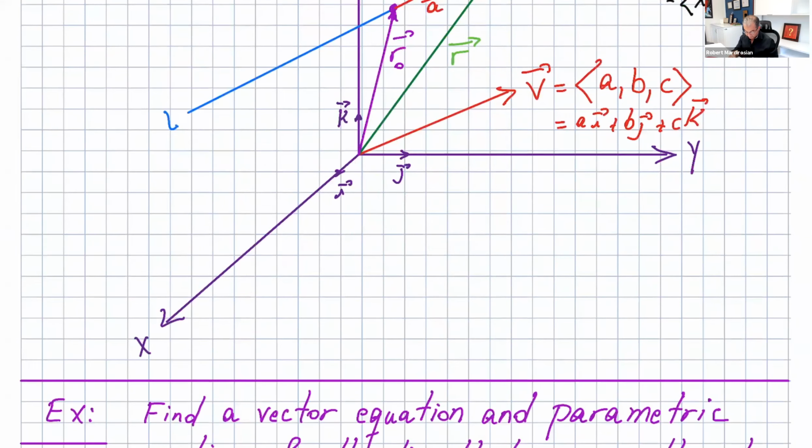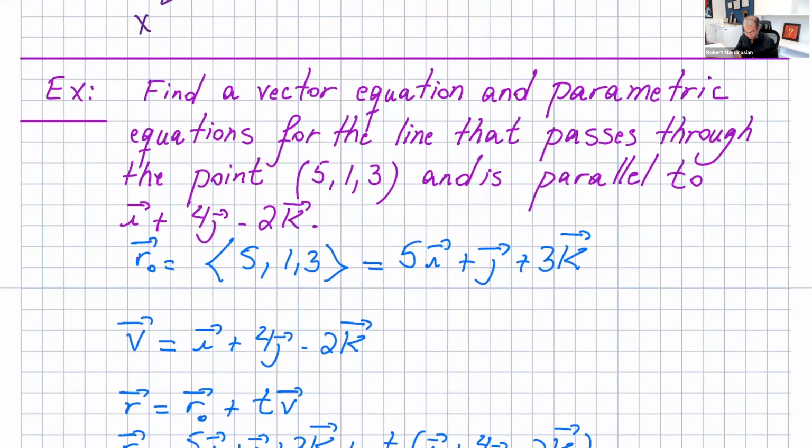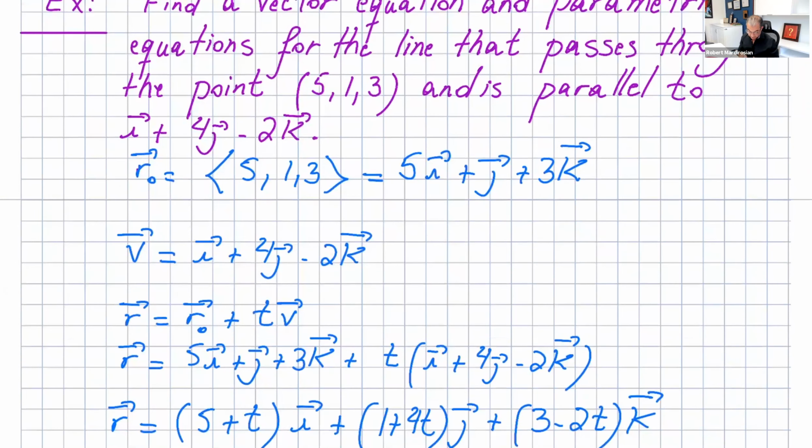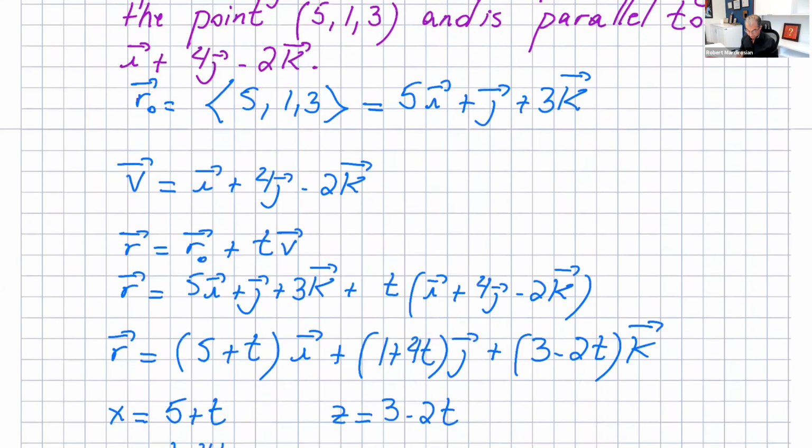If I write the vector R0, its components are 5, 1, and 3, or we can write that as 5i plus j plus 3k. The line is always parallel to vector v, so vector v is i plus 4j minus 2k.